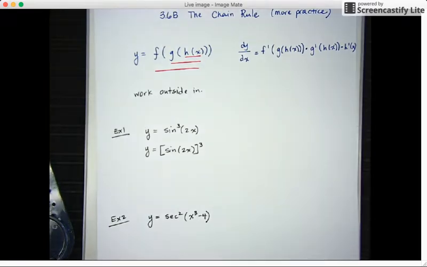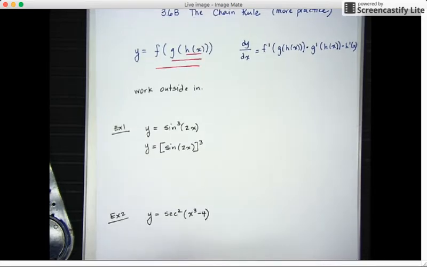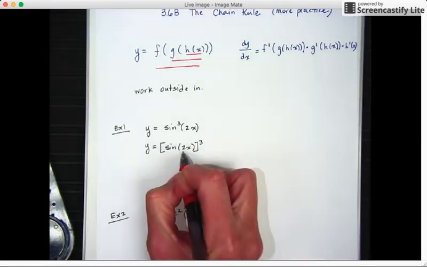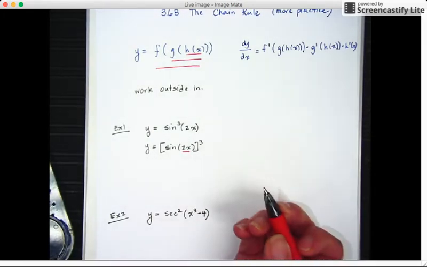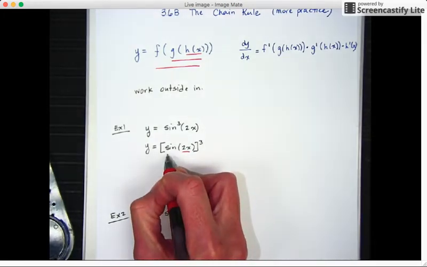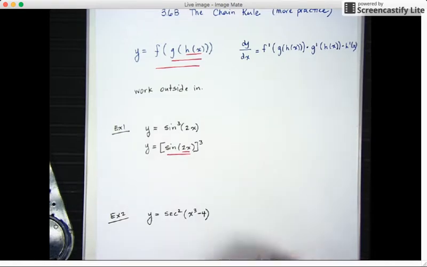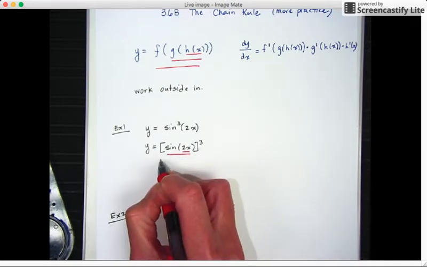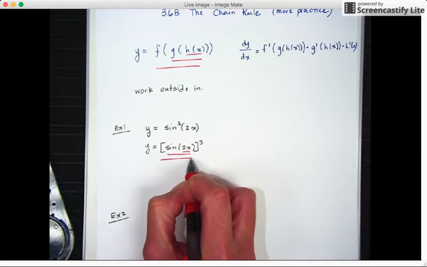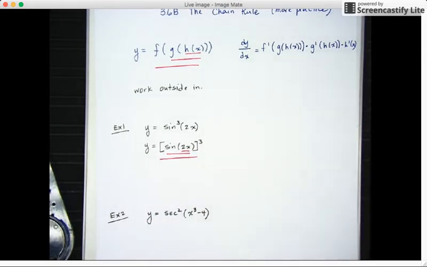It just helps with recognizing the different composite functions. So in this case, I actually have 3 functions. So here's my innermost function. It's the 2x. The next function is the sine. And then the outermost function is the grouping symbols raised to the third power.